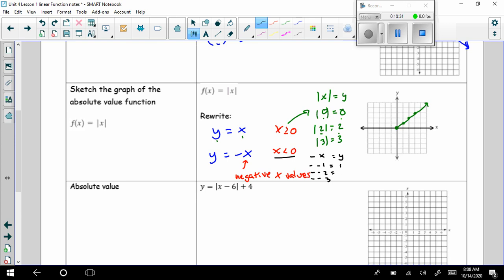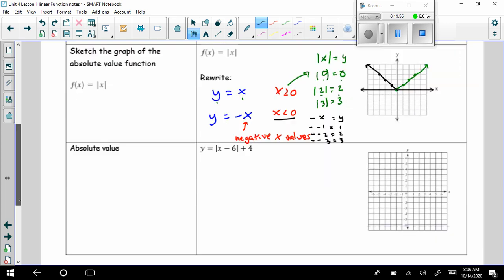And so here is 1, here is 2, here is 3. So these two sides end up the same. So -1 ends up 1. -2 ends up 2. -3 ends up 3. And so I get this V-shaped graph, which is called a piecewise function, really, which we'll talk about tomorrow. All right, so every absolute value is a V.